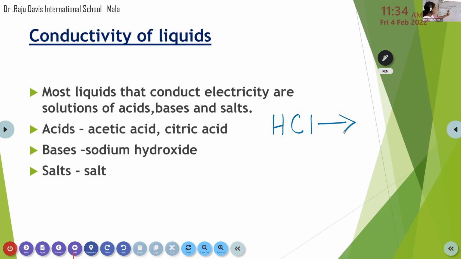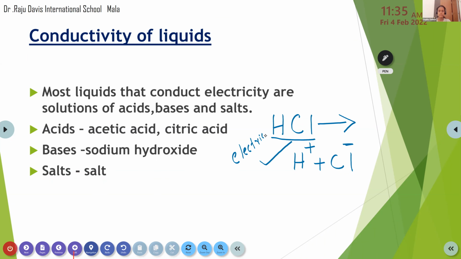So when we pass electricity, the acid breaks into two parts: H plus and Cl minus. So two charges are present now, and because of the presence of these particles, it conducts electricity. That is in the case of acid.